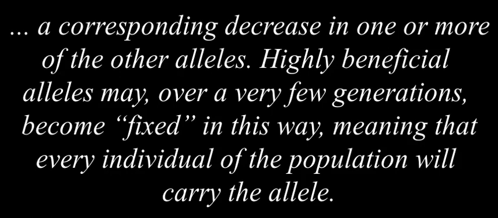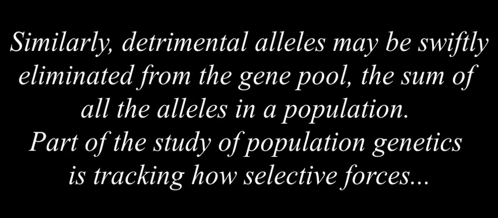Highly beneficial alleles may, over a very few generations, become fixed in this way, meaning that every individual of the population will carry the allele. Similarly, detrimental alleles may be swiftly eliminated from the gene pool, the sum of all the alleles in a population.